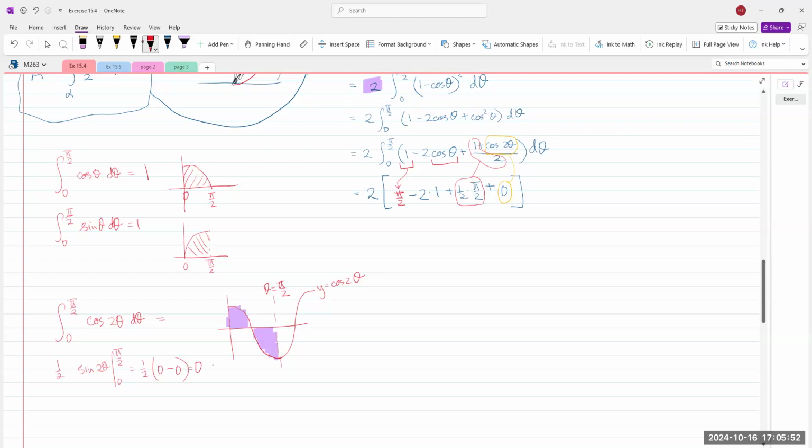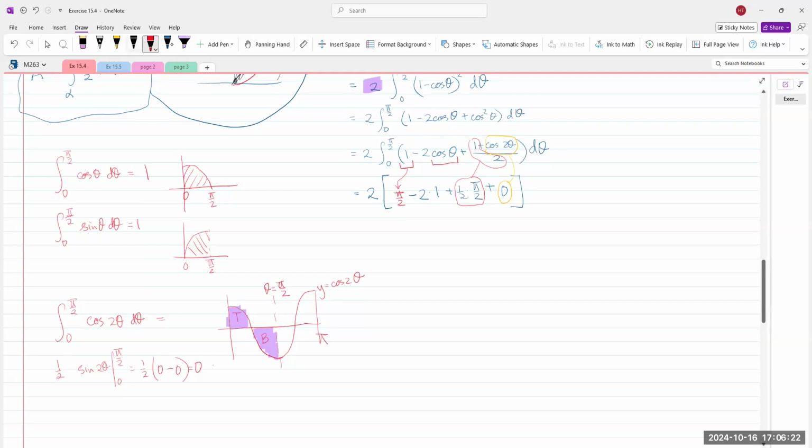But if you imagine the graph, cosine 2 theta has twice the frequency. The period is only pi, right? So it will finish one cycle in pi, and up to pi over 2, it already has the top part and the bottom part cancel each other.